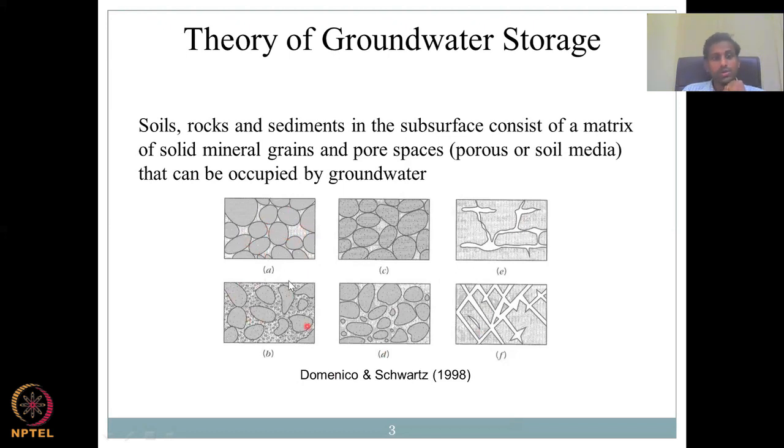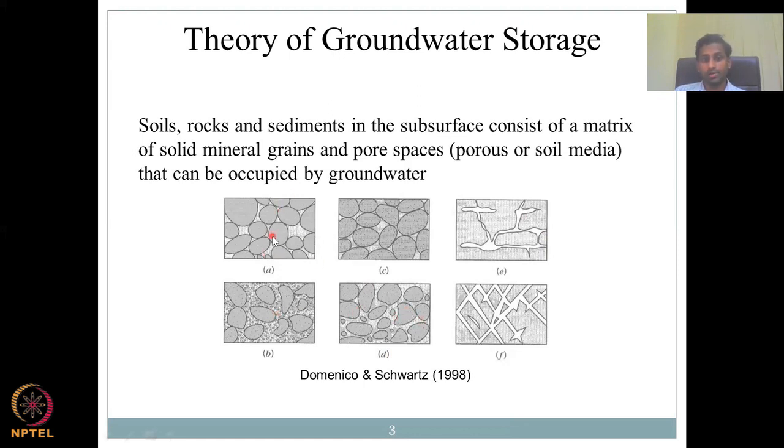Okay, and depending on the spaces, water occupies it, and water is very flexible. It can go through any space. It can maneuver any shape. So it is very lucid, and it can flexibly go into any shape. So you can see how it can go into a fracture, which is connected, and all it needs is a connection from one pore to the other pore.